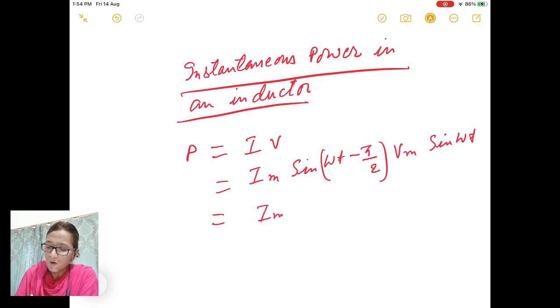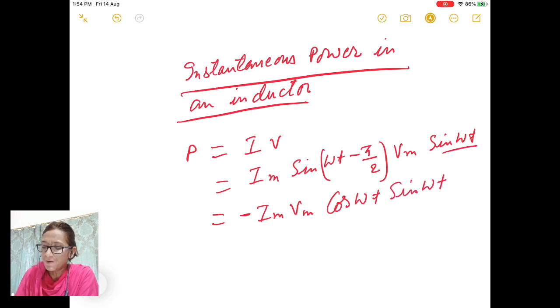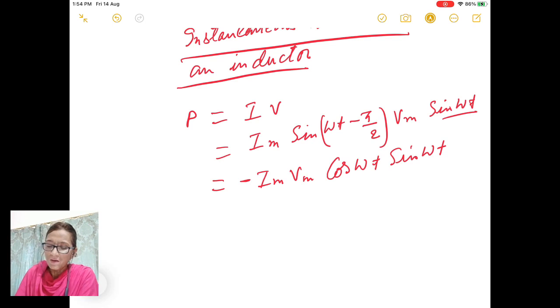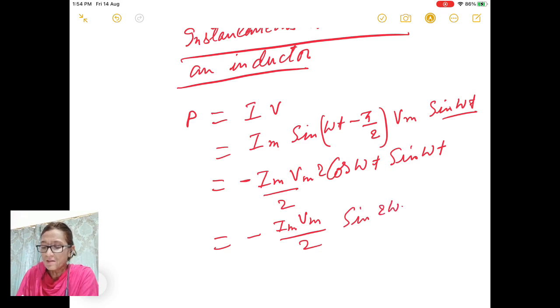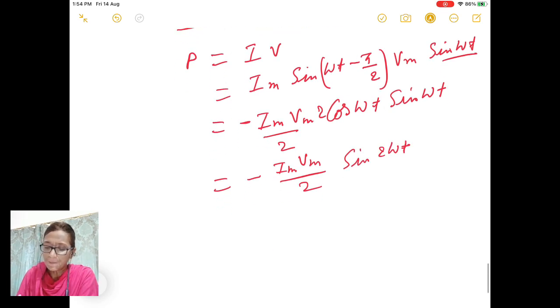So this becomes equal to Im Vm, and sine 90 minus theta is actually cos theta. So with a negative sign, this becomes cos omega t, and this is sine omega t. Now when you multiply the quantity by 2 and divide by 2, the power becomes equal to minus Im Vm upon 2 sine 2 omega t.